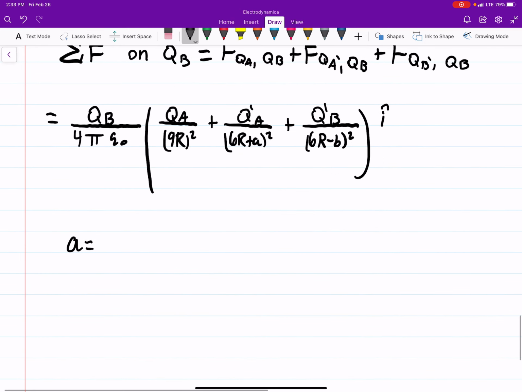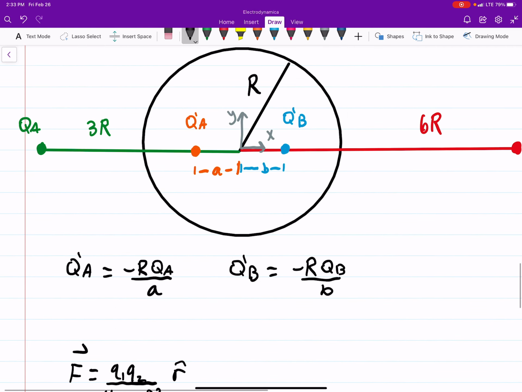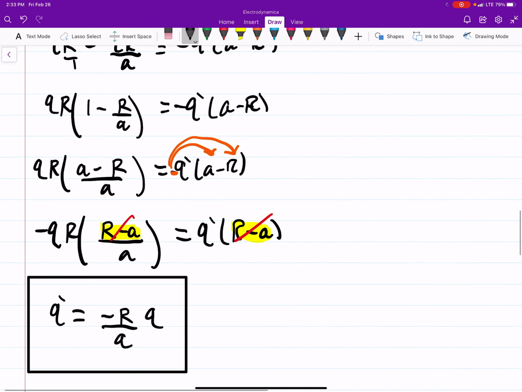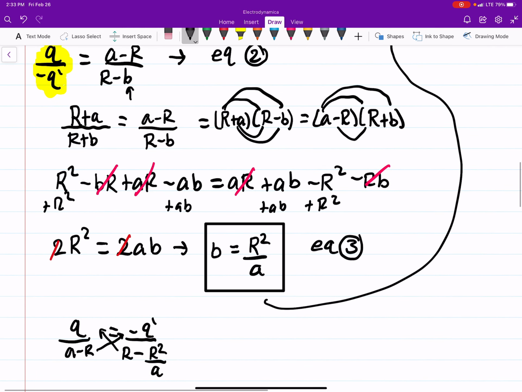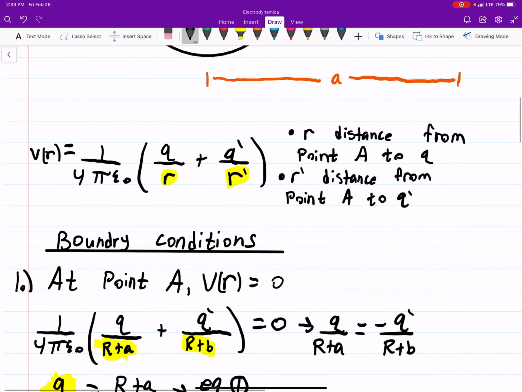So we have R squared over 3R, which is just R over 3. Okay, so hopefully that makes sense. And that's coming from what we found earlier. B is R squared over A.